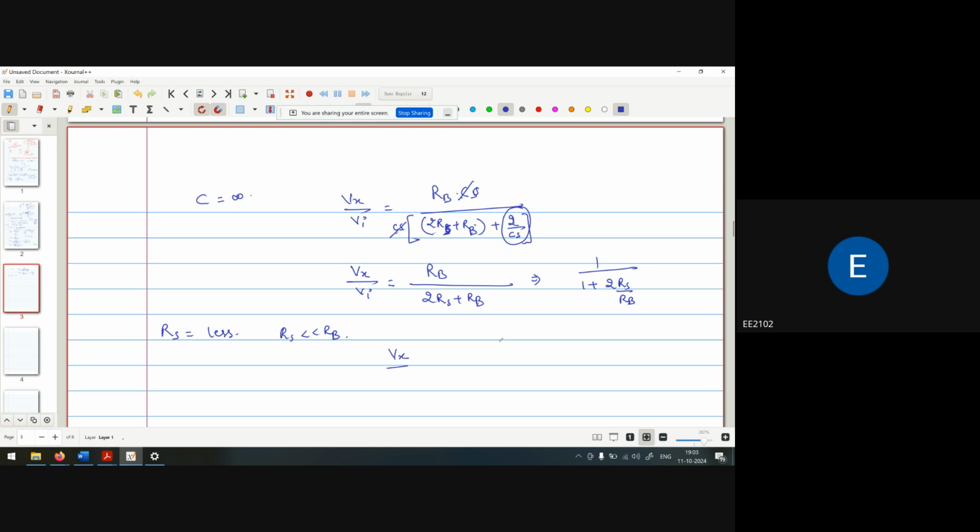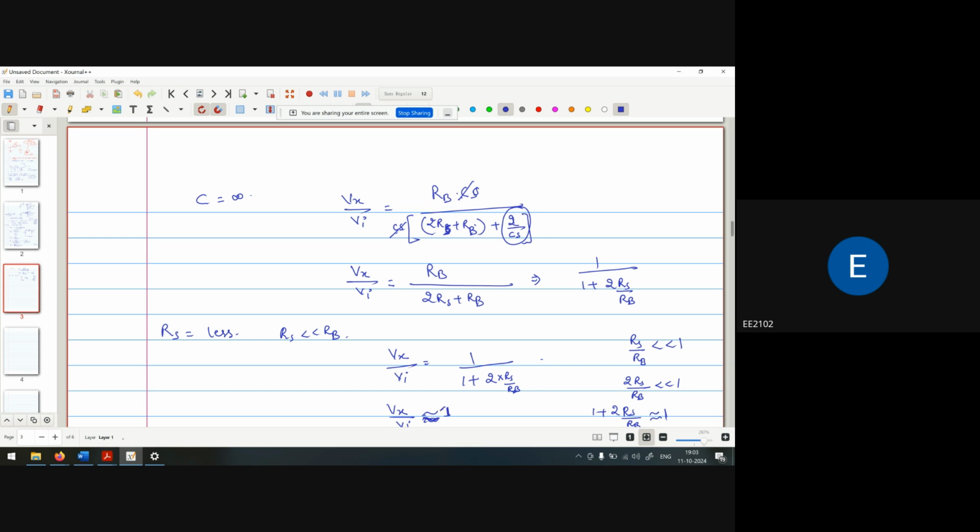So my output voltage Vx upon Vi is equal to 1 upon 1 plus 2 into Rs upon Rb. Now Rs upon Rb is less than 1, so 2Rs upon Rb is small, which means 1 plus 2Rs upon Rb is approximately equal to 1. That means Vx upon Vi is approximately equal to 1.